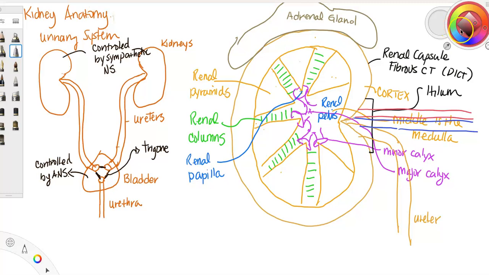So you've got the renal artery and the renal vein. All right, so that is the major anatomy, the gross anatomy of the kidney.